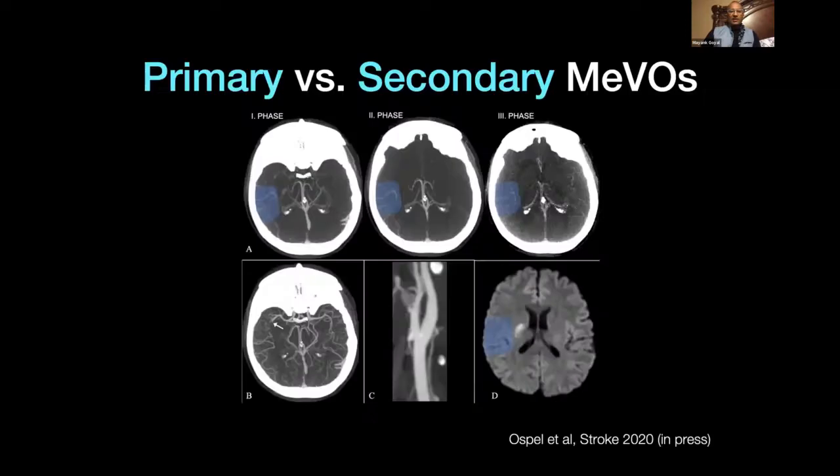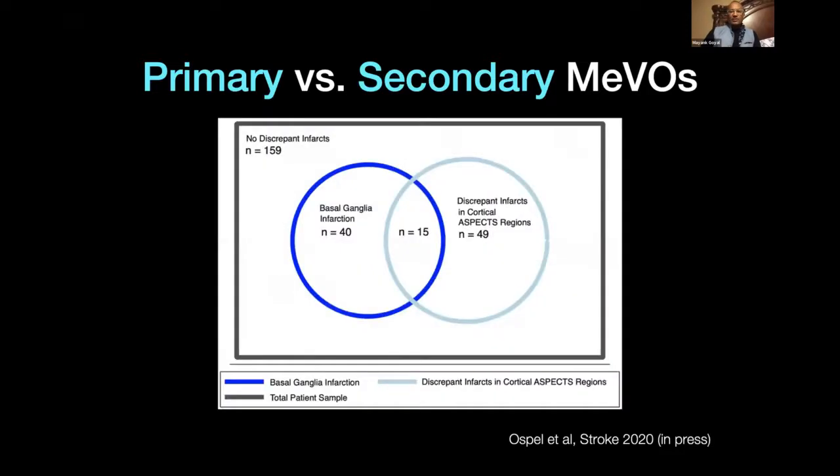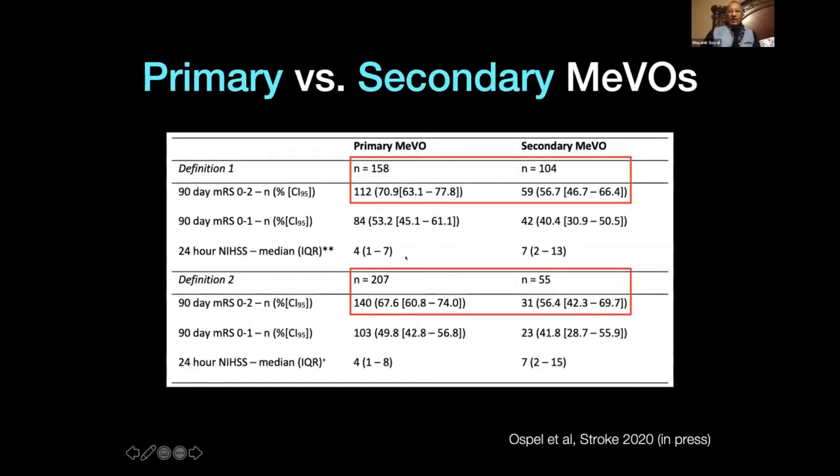That is a discrepant infarct pattern. For example, in this person, the MeVO is supplying this area, but the follow-up infarct is here. So this MeVO cannot cause this infarct, and we called it a secondary MeVO. Then we looked at how these different things play out in terms of different kinds of discrepant patterns. I'm not going to go into the details of the discrepant patterns, but as you would expect, it does influence outcome.